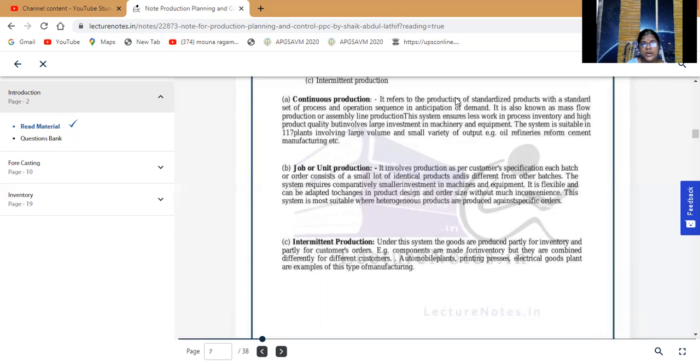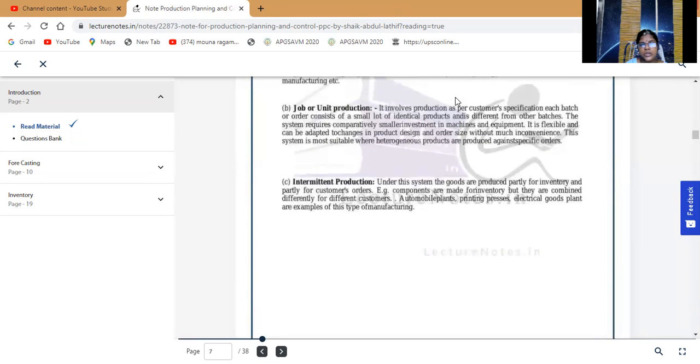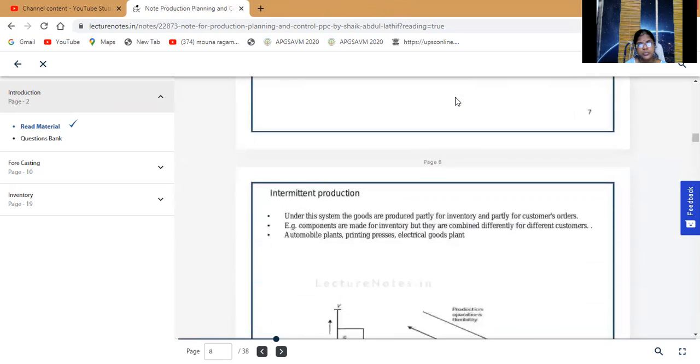Each batch or order consists of a small lot of identical products. Under intermittent production, the goods are produced partly for inventory and partly for customer orders. The components are made for inventory, but they are combined differently for different customers. Automobile plants, printing presses, and electrical goods plants are examples of this type of manufacturing.